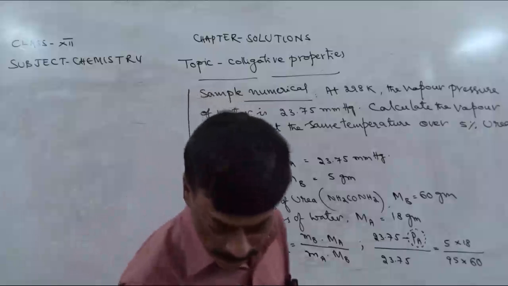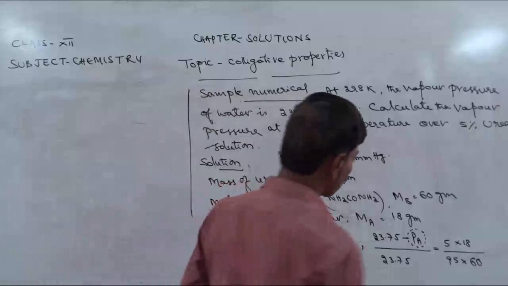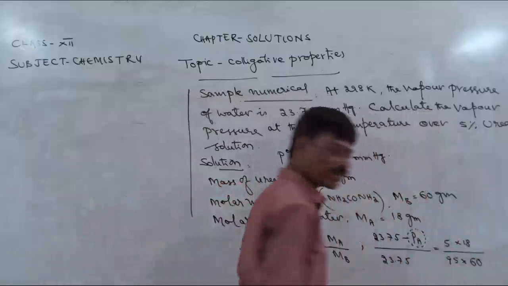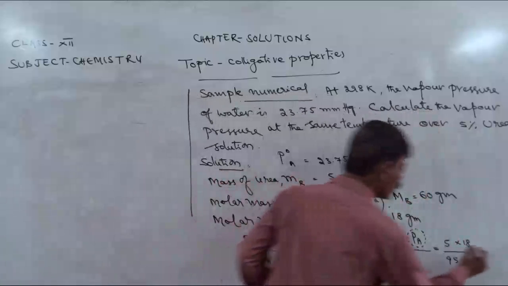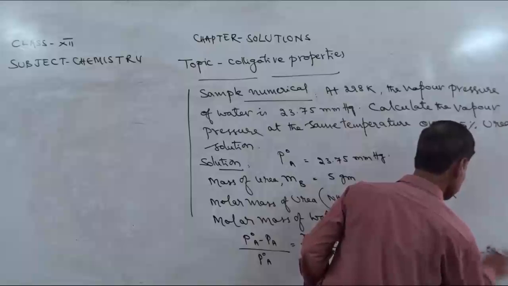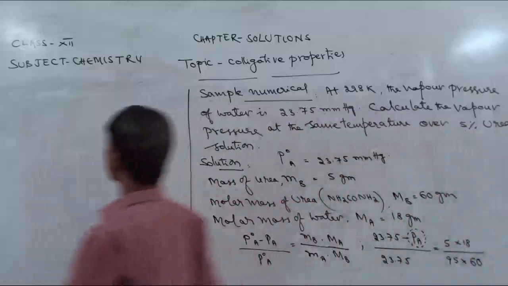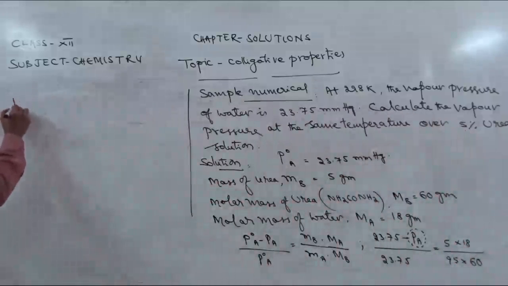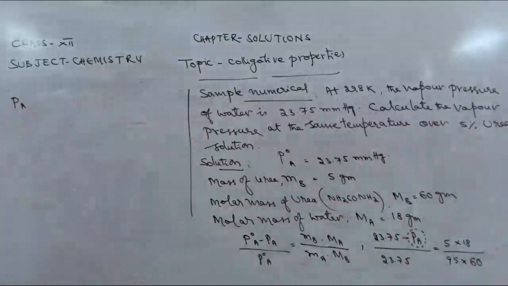If you take PA towards left hand side, you will get that PA value, that is vapor pressure of solvent where it is associated with the non-volatile solute.